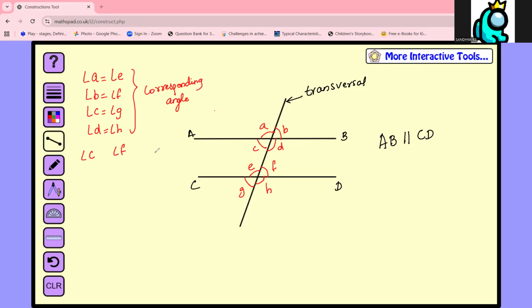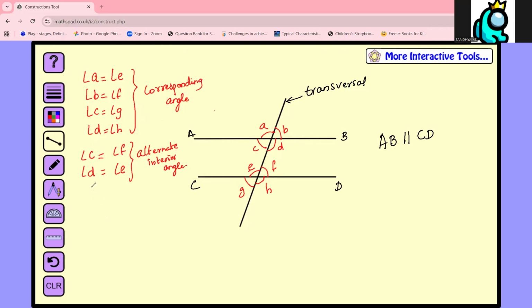So we will call it an alternate interior angle. Similarly, angle D and angle E are also lying opposite to each other and they are also lying inside. So we will call it an alternate interior angle, and alternate interior angles will be equal. Their measure will be equal.